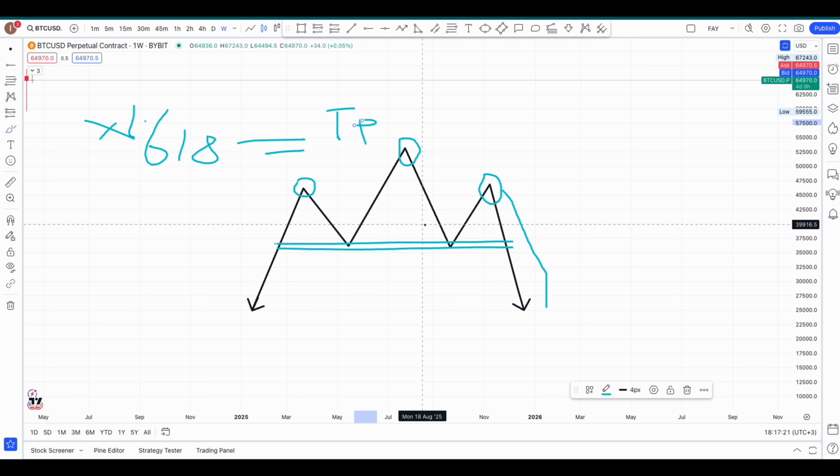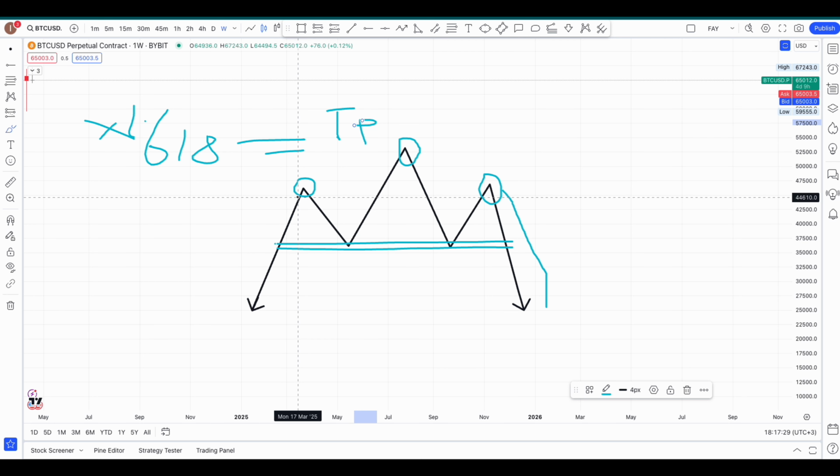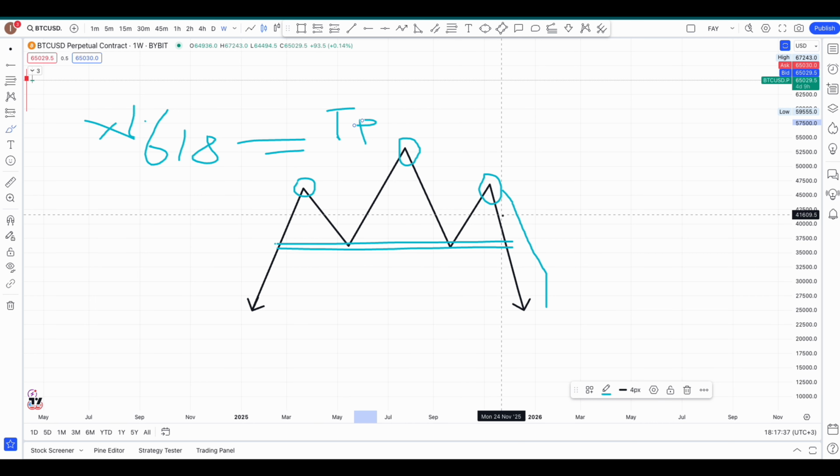So we have two ways of setting TP, right? Like I told you, the first one is by measuring the length of this run, where it forms the left shoulder. You measure the exact length from the right shoulder down to where it ended. What you got here will be measured here, and that will be your TP.